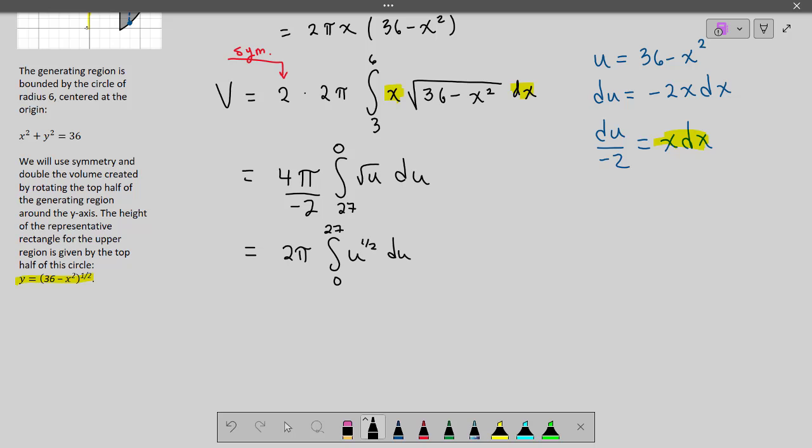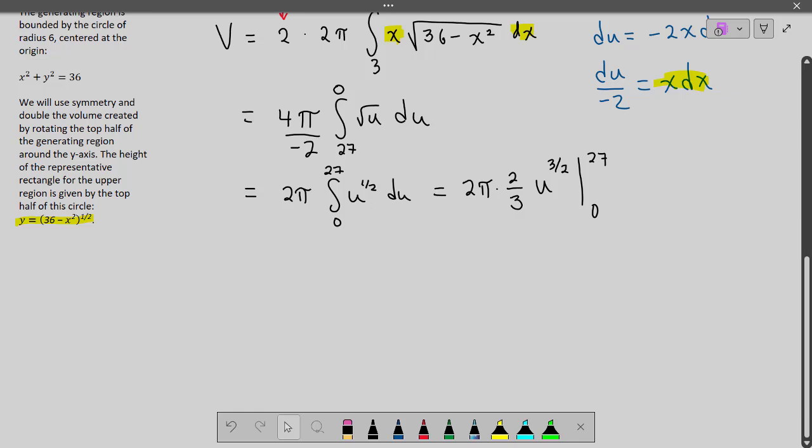Could do that. Don't have to. They'll cancel at some point. So then we're going to get the u to the 3/2 divided by 3/2 from 0 to 27. So we will have 4 pi divided by 3.